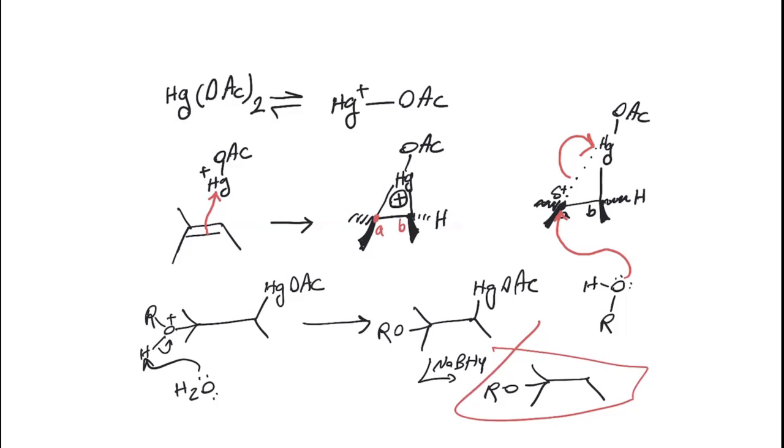Ether? Ether, yeah. The product will be an ether. So in oxymercuration, demercuration, if in the first step you use H2O as the nucleophile, the product will be an alcohol. If you use an alcohol as the nucleophile, the final product will be an ether. So now we know why the mechanism of this reaction is Markovnikov, why there is no rearrangement, and why it is anti-addition.